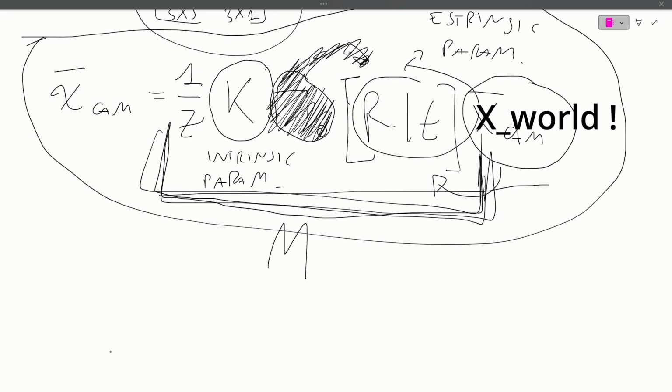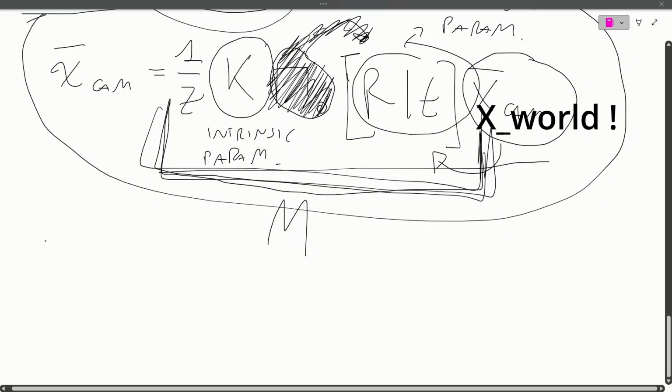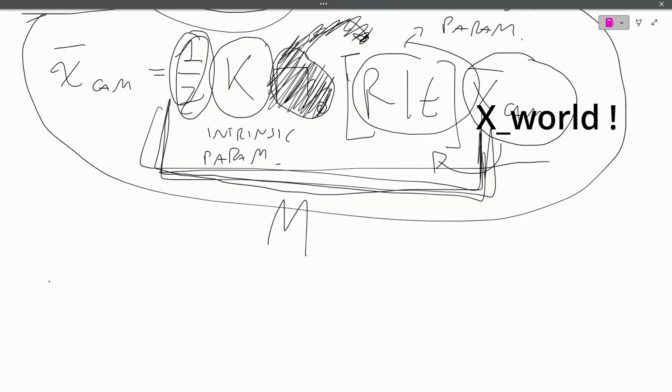Let me write everything in a simpler way. We can remove this because we don't care about this. So let's multiply by z. We will obtain z multiplied by x cam equal to the M matrix. We don't know the M matrix. We are searching for the M matrix, and everything passes through the M matrix.